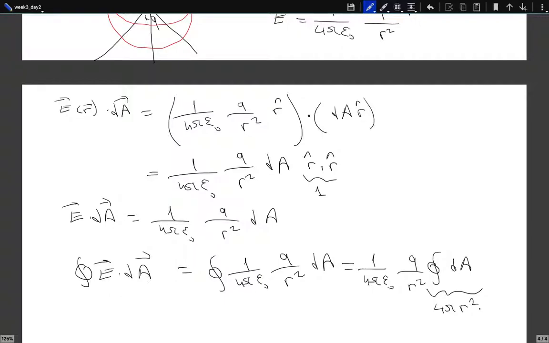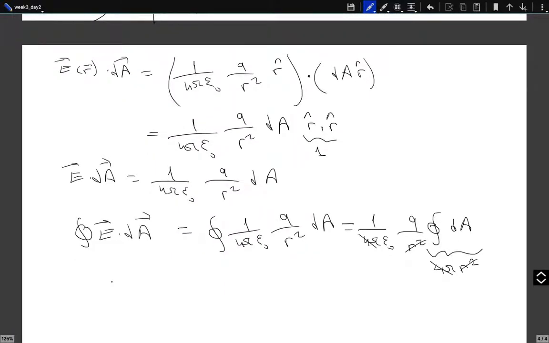The area is just 4 pi r squared. But you see, there's a 4 pi over here, which cancels the 4 pi from this integral. There is a 1 over r squared here, which will cancel the r squared from that integral. So the 4 pi's cancel, the r squareds cancel, and E dot dA is equal to Q over epsilon 0.